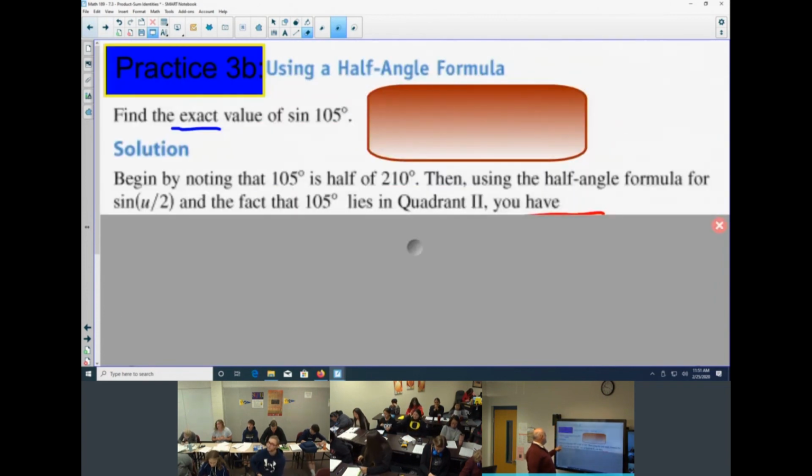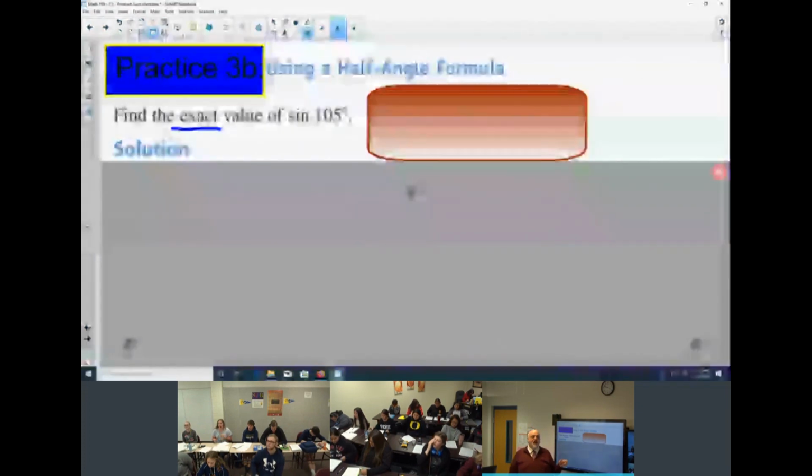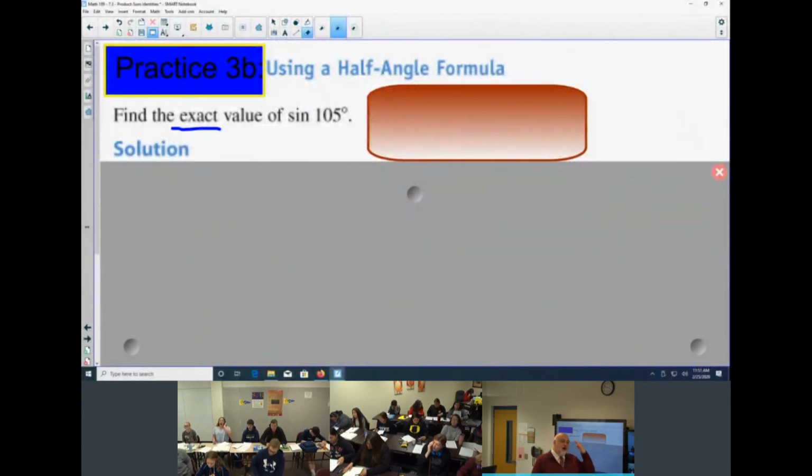So we want the exact value of the sine of 105. So just think about what quadrant that is in? Two. And is the sign positive or negative in quadrant 2?